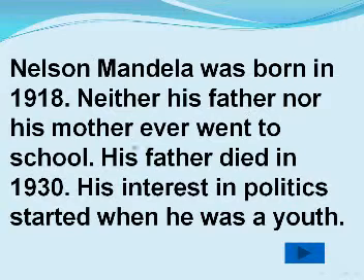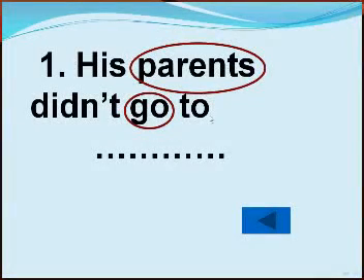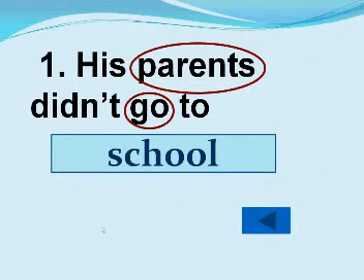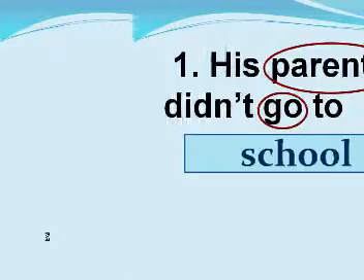So here we have father and mother, meaning parents, okay? Ever went to school? Here we have go, but in the past tense. So went to school. So this seems like the missing word. Now we'll go back to the question. So his parents didn't go to, very easy now, of course. Very good. To school. Nice. Now we'll move on to the next one.